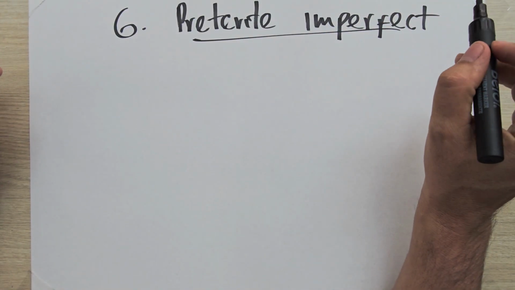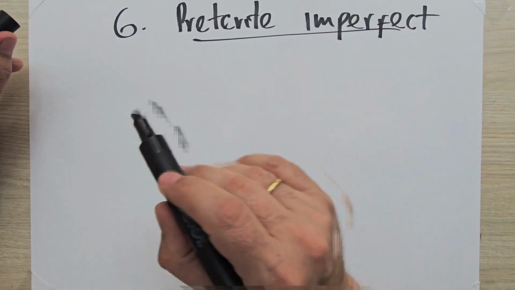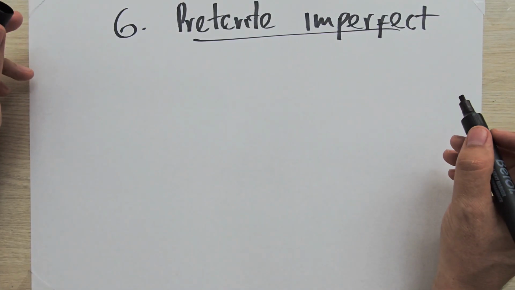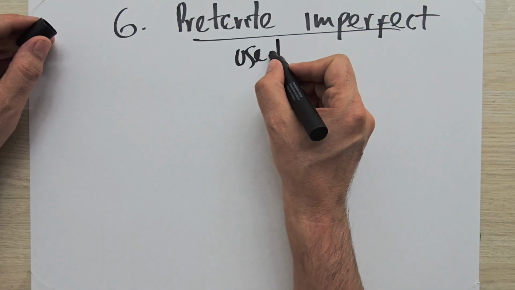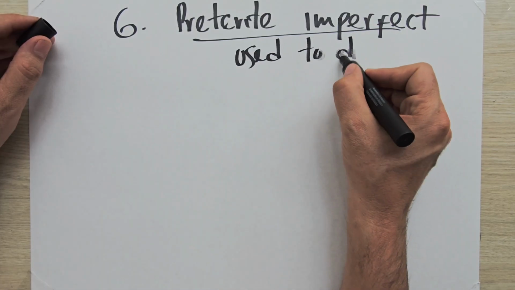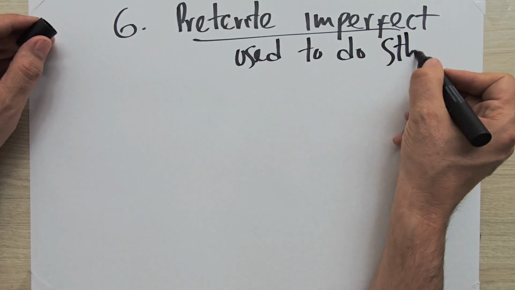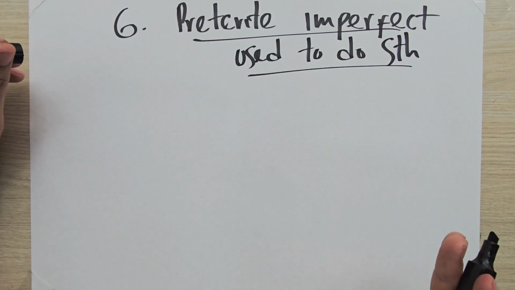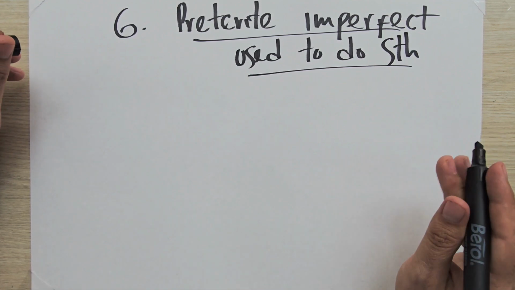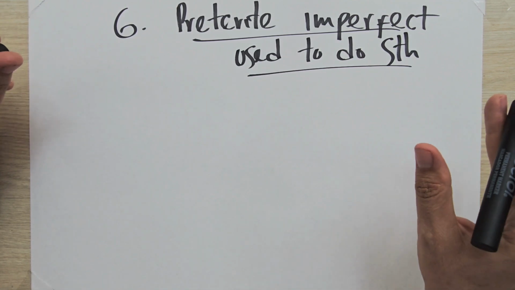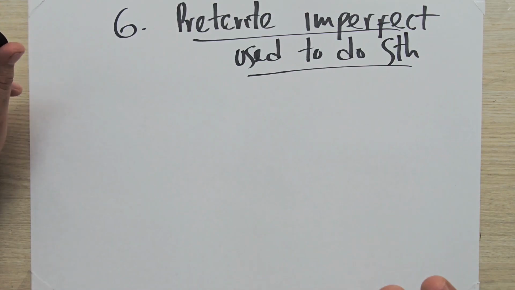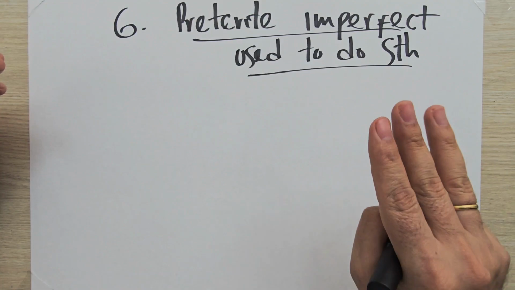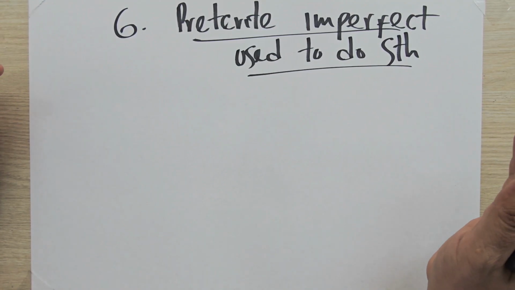One of the ones that I want you to practice or to remember is used to do something or would do something in the past. But like I said before, you can use it in many different ways. The conjugation is simple, but the pronunciation can be tricky. And there is good news. There are only 3 irregular verbs in this tense, so that's amazing.